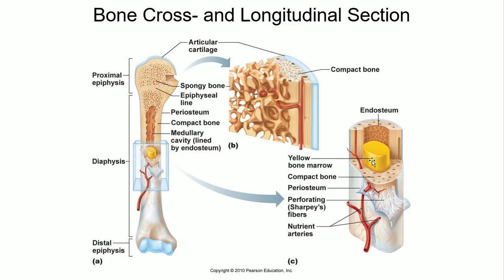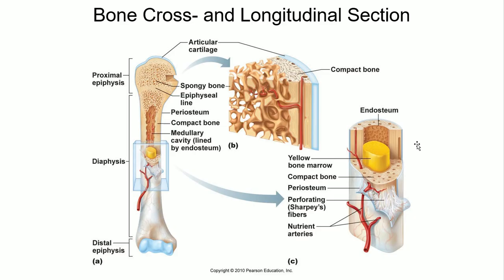So in kids, it's just functioning a lot, right? Our yellow marrow in adults can actually turn back into blood cell production type marrow when necessary, right? Otherwise, in adults, it's just in maintenance.